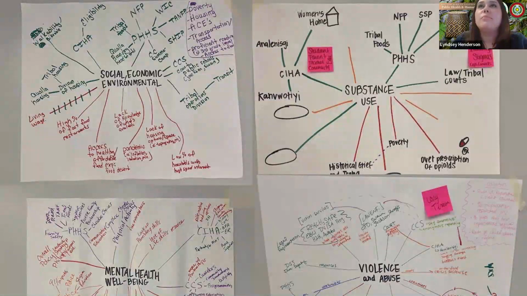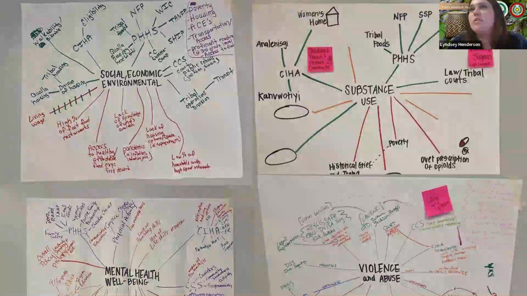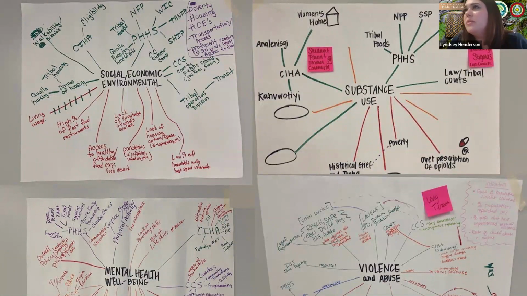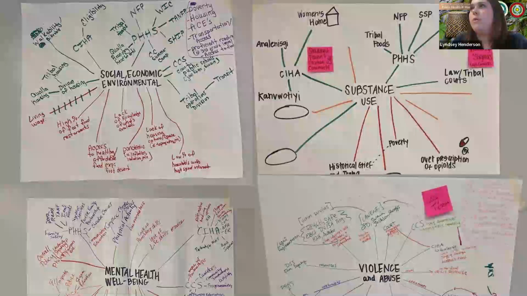Red, things that are negatively impacting, or in other words, maybe hurting the community as far as it relates to this health topic. And then you'll see an orangey yellow color, and those are things that we're not quite sure where they fit in, but we know they are contributing to this health priority.